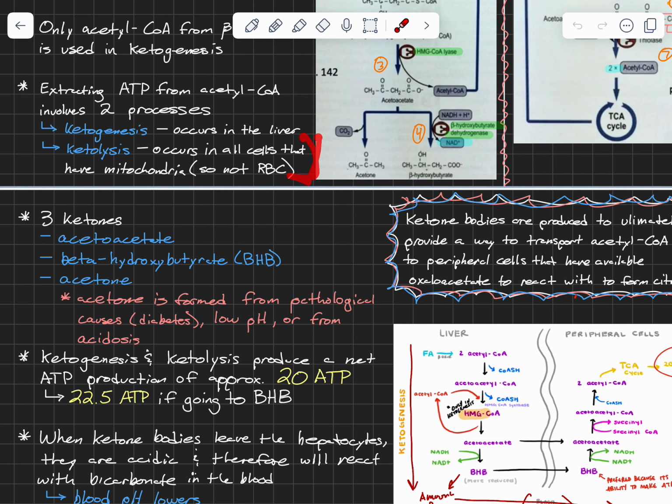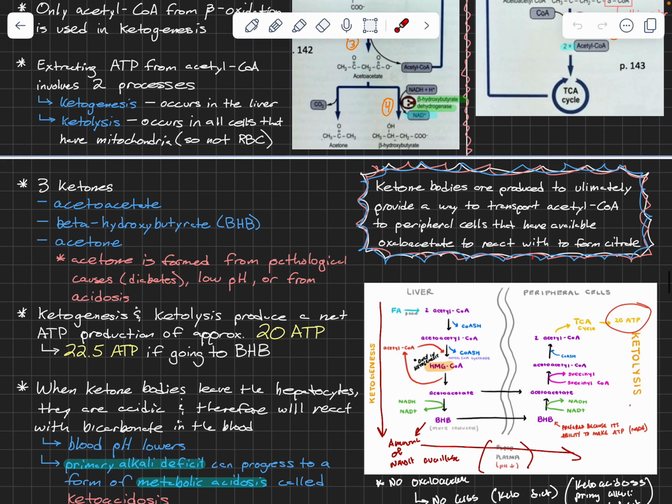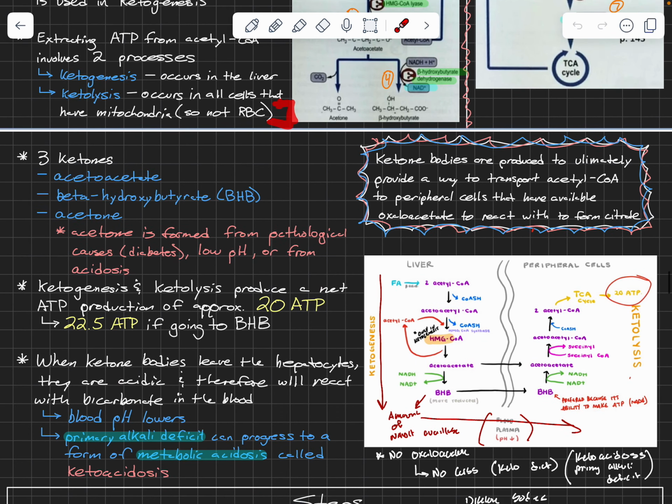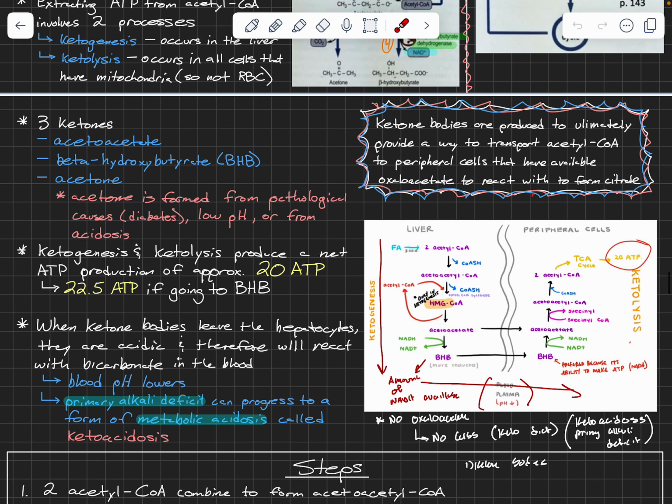And what we need to know about ketolysis is it occurs in all cells that have mitochondria. So red blood cells will not fall in the category here of ketolysis. And basically, the three ketones we're going to have are acetoacetate, beta hydroxybutyrate (BHB), and acetone. Acetone, as a little fun fact here, is formed through pathological causes.